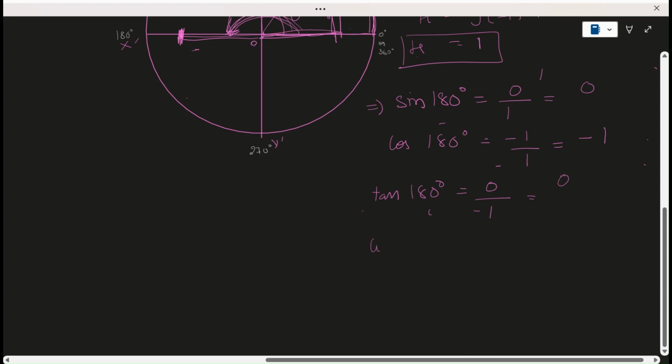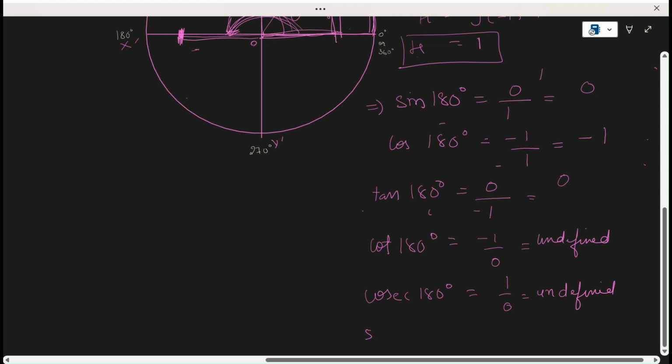Then we have cot 180 degree, that is minus 1 upon 0. Anything upon 0 is undefined. Then cosecant 180 is the opposite of sine, 1 upon 0, again undefined.